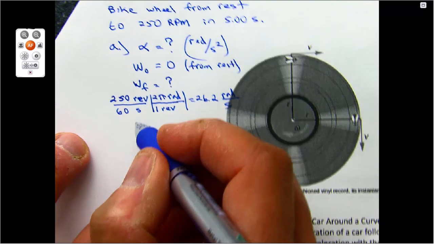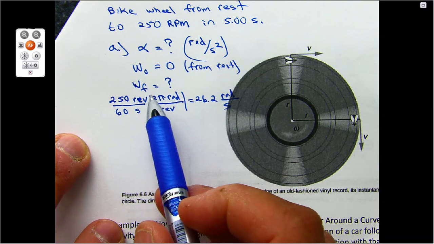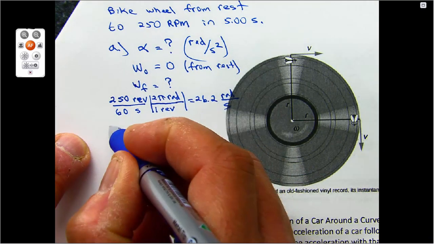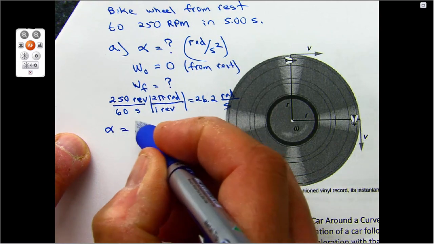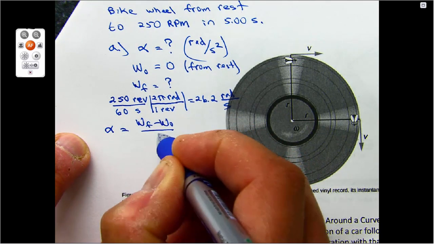So now everything's the same. We got omega final, right? This is my final angular velocity. So my angular acceleration is going to be omega final minus omega initial divided by time.